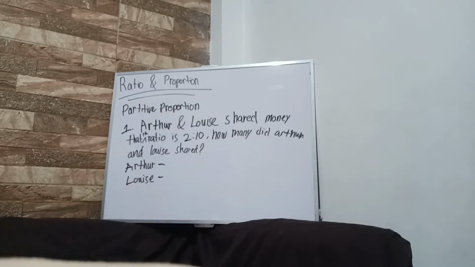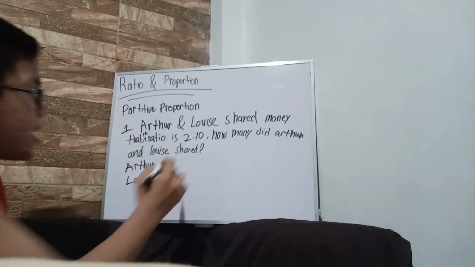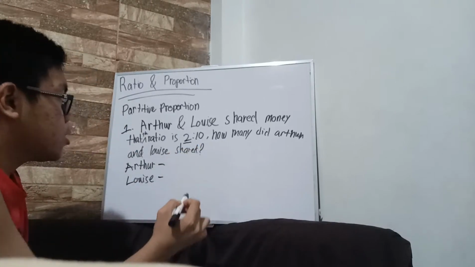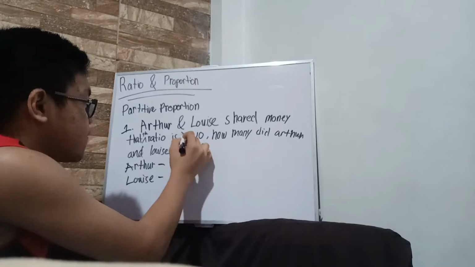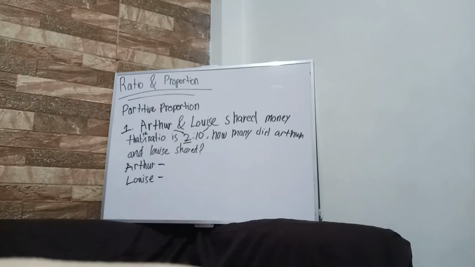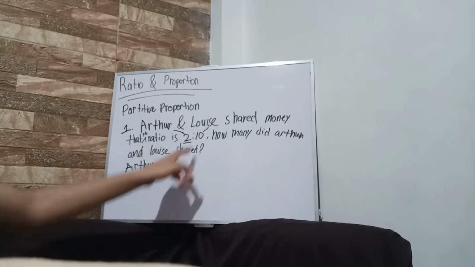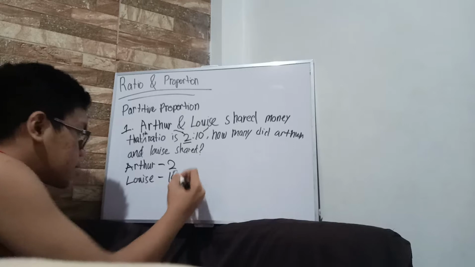So we have here Arthur and Luis. Arthur has the 2, this is for Arthur, and this is for Luis. The 2 is from Arthur. The 10 is from Luis.